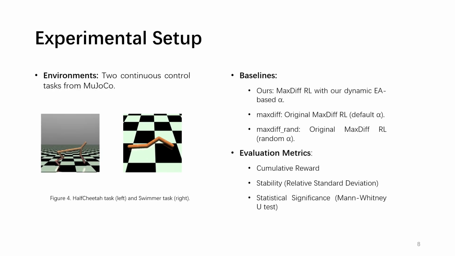Now, let's move on to our experiment. We evaluated our method on two continuous control tasks from the MuJoCo physics engine, Swimmer and HalfCheetah. We compared three methods: our proposed method with a dynamic alpha, the original MaxDiff RL with its default alpha, and the original MaxDiff RL with a randomly initialized alpha.